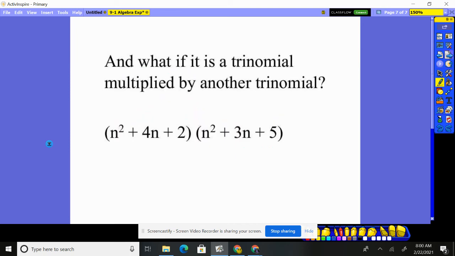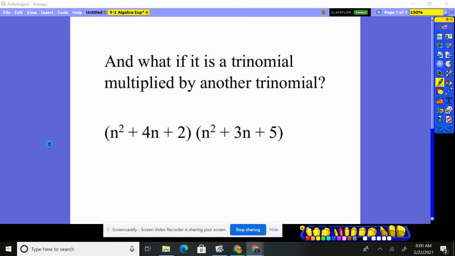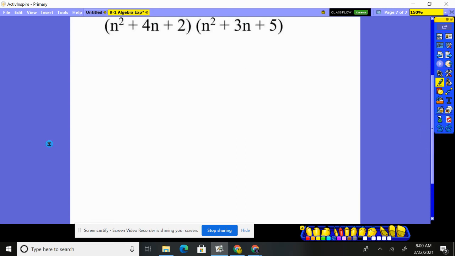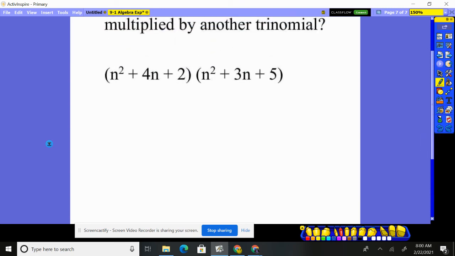One more. What if we end up with this gargantuan man, a trinomial times a trinomial, a 3-piecer times another 3-piecer? Well, 3 times 3 is 9. We're going to end up with 9 pieces here. So we got to be sort of careful. This is going to get rather difficult if we're not careful with how we do things. Well, the n squared gets multiplied through times n squared.